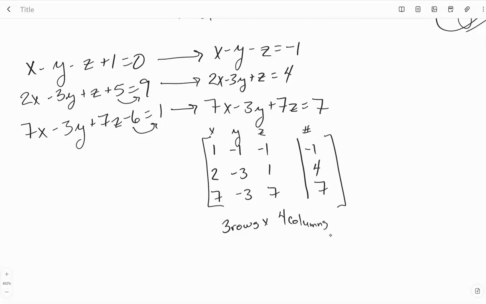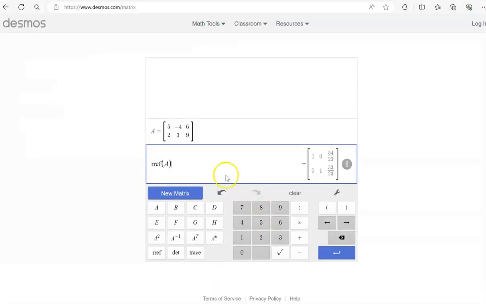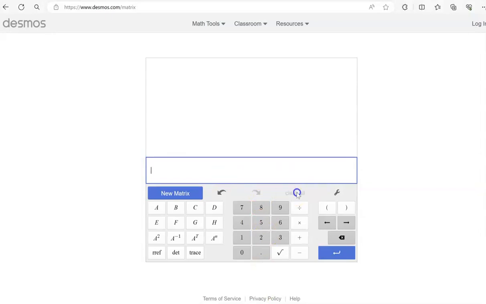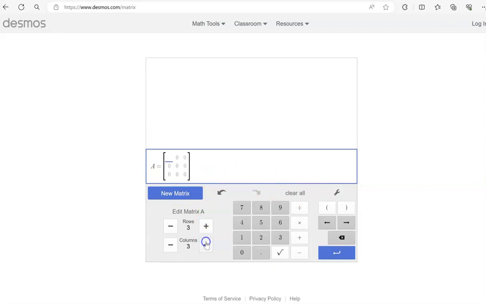So now we're going to go to the Desmos calculator and clear everything. New matrix. This has 3 rows and 4 columns. And we're going to type in all of our entries.